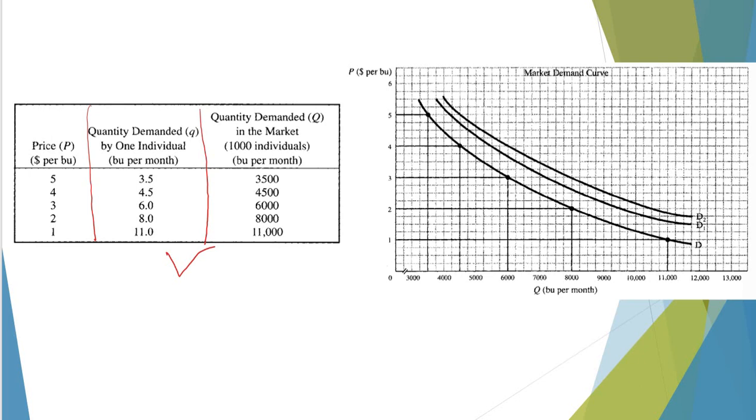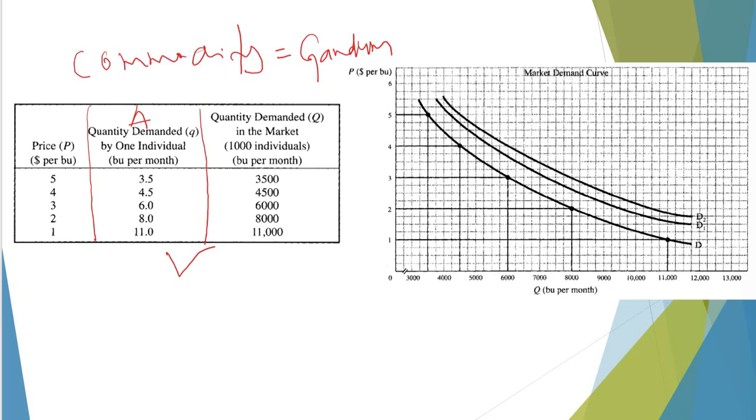Contohnya individu ni willing to buy this commodity. Commodity apa kan kawan? Let's say commodity tepung gandum. Okay, katakanlah ini individu A. Komoditi tepung gandum, market gandum.